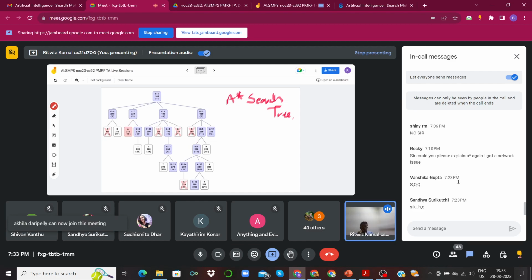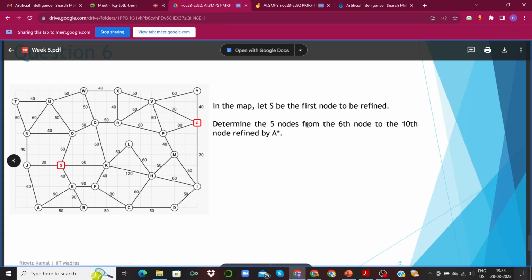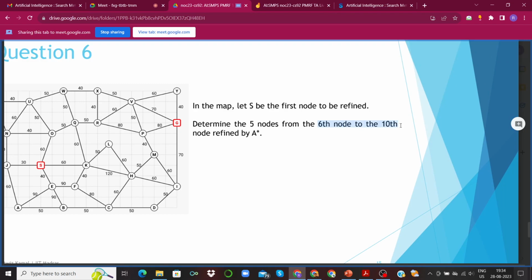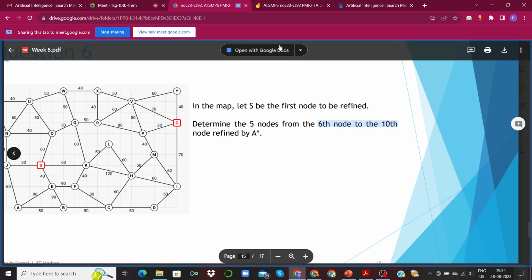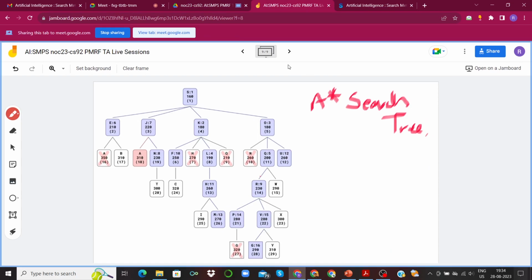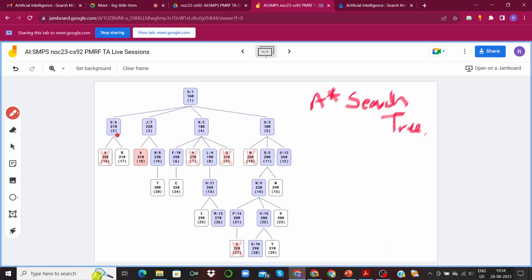Okay, so the answer to the question that we were initially pointing to, which was the 5 nodes from 6th to 10th nodes that were defined by the A star method, as per this search tree that we just drew, those are going to be E, J, N. So E has index 6, J has index 7, N has index 8. Then we have R, and where is 10?